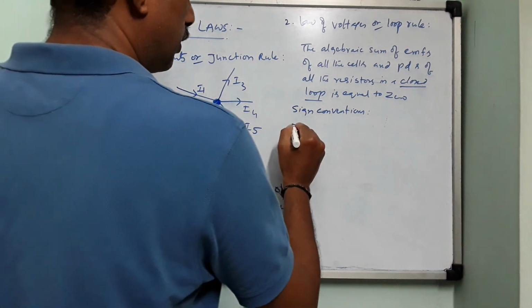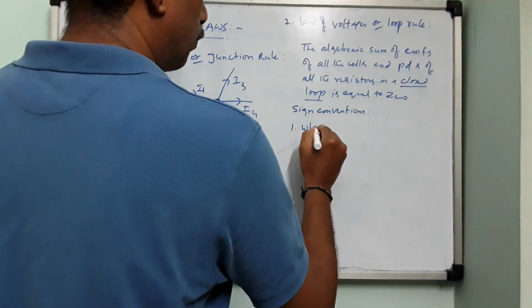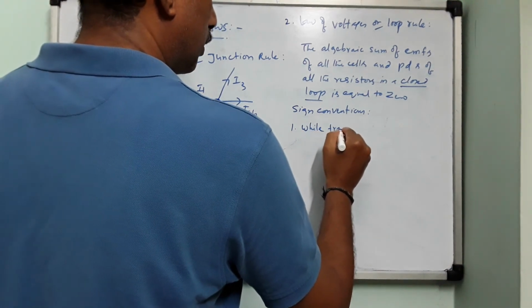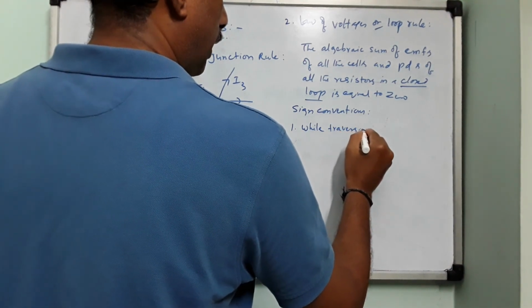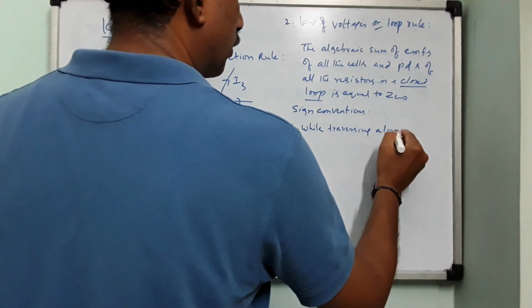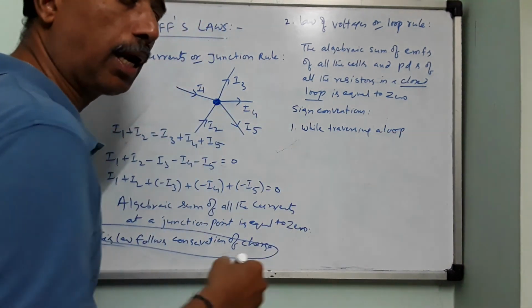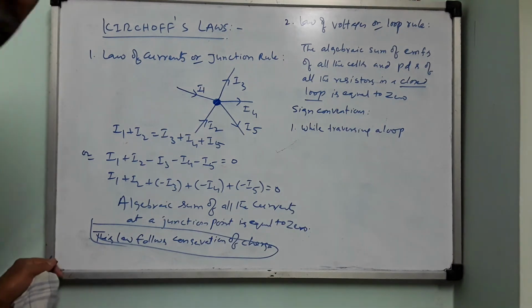First convention is, while traversing a loop, traversing means going from one place to another place along the loop. It is nothing but negotiating a loop.